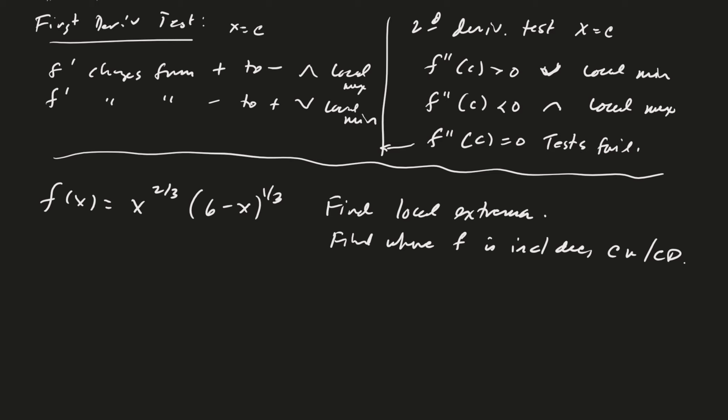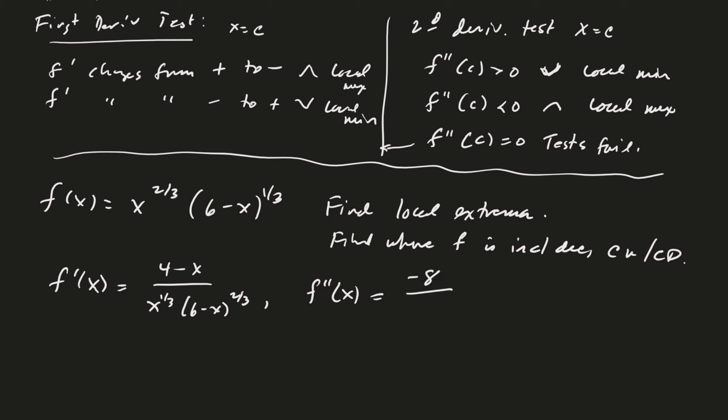Now this function, it's not hard to differentiate, but it is hard to simplify. And so I'm going to give you the derivative simplified to be 4 minus x divided by x to the 1/3, 6 minus x to the 2/3, and f double prime of x is equal to minus 8 over x to the 4/3 times 6 minus x to the 5/3.